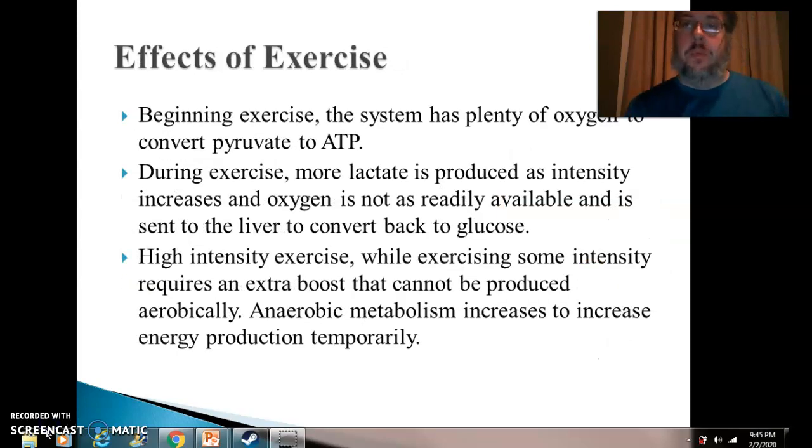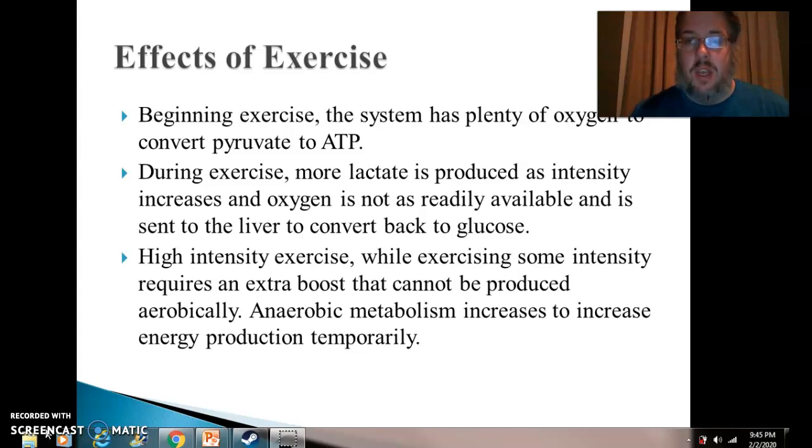Like when we start to do exercise, there's plenty of oxygen and energy to convert the glucose to pyruvate and ultimately into ATP. However, as exercise continues, the intensity causes lactate to form, and as lactate is formed, like I said earlier, it goes to the liver to be converted back into glucose.